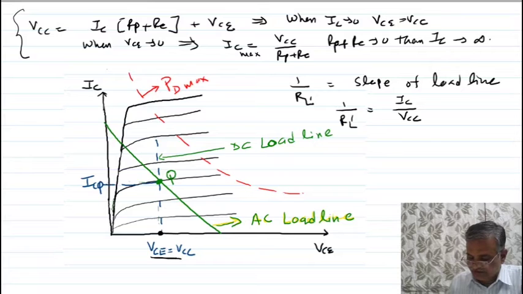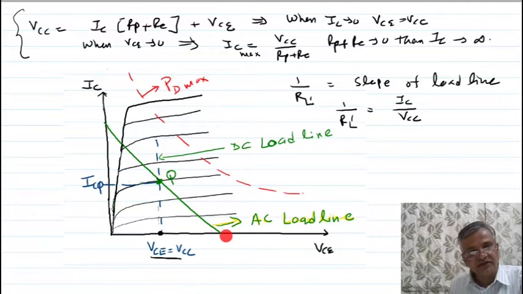So you can say this current upon this current, the slope of this line, this value upon this value. Now, this should be drawn in such a way that this voltage should not be more than the maximum collector emitter voltage of the transistor.